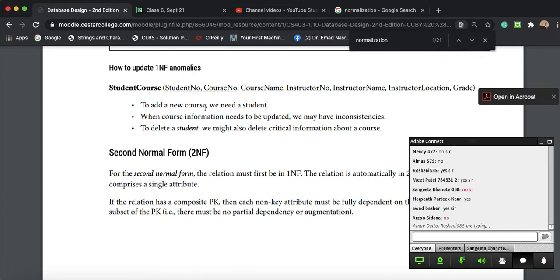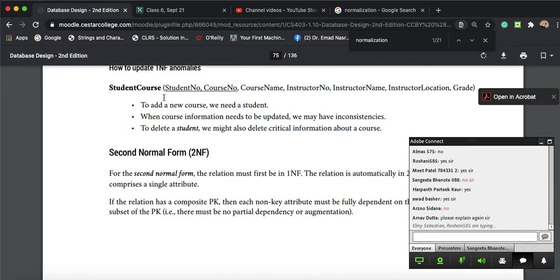Suppose you create a system like this and you give it to your client. You put your client in a problem. They want to add courses. They want to add so many courses regardless of students. They can't. Can you imagine this?